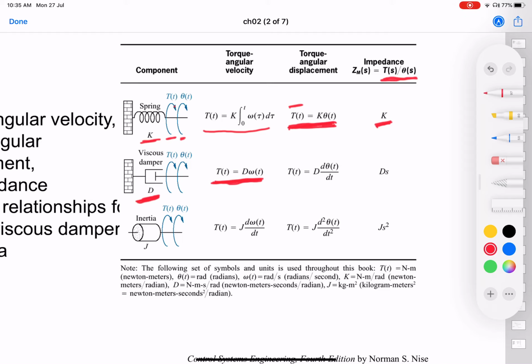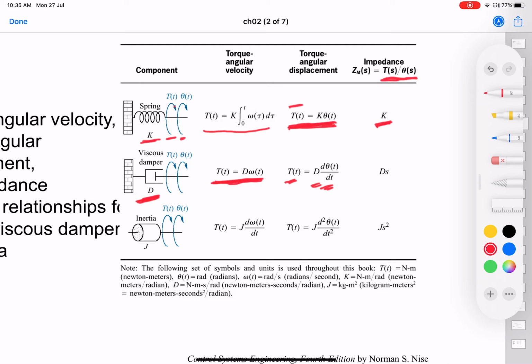So basically, it's similar to what you had in translational mechanical systems. And if you want to write down the torque angular displacement relationship, it is going to be T of t is equal to D d theta by dt. Again, very similar to what we have seen before.